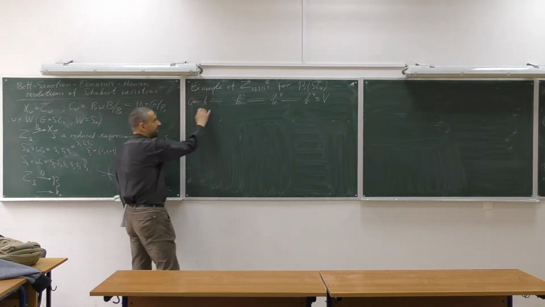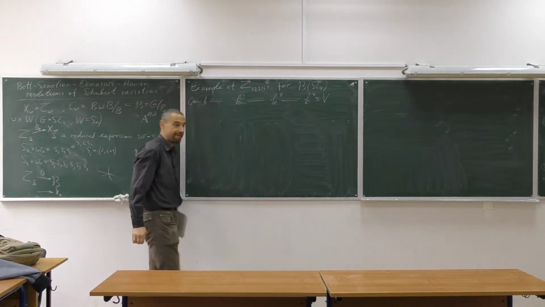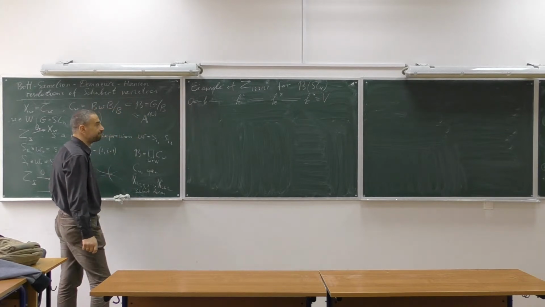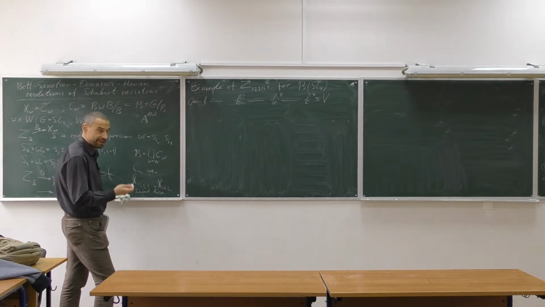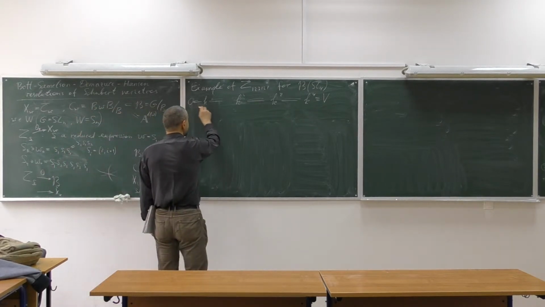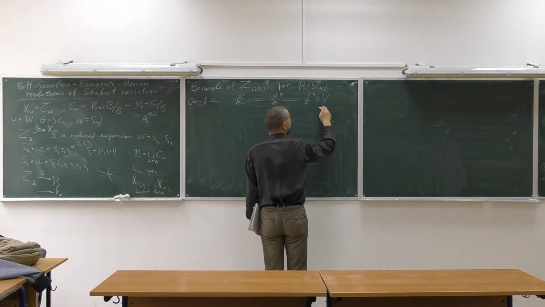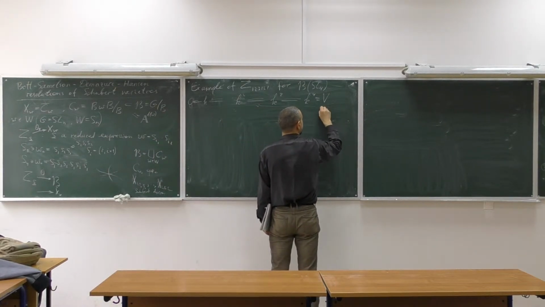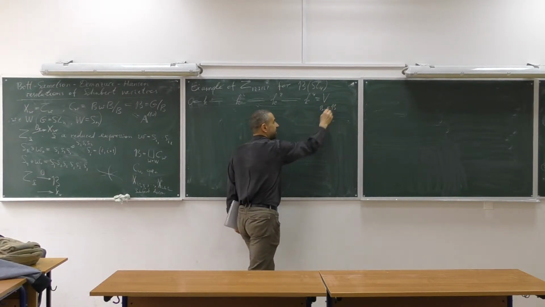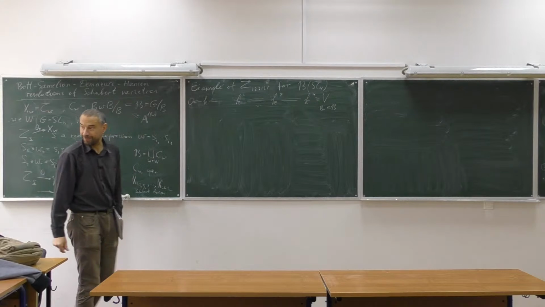I chose one particular standard flag, and it's just one point in the flag variety. So this whole collection is just one point, the standard point, say B0, in the flag variety. Just one particular flag.